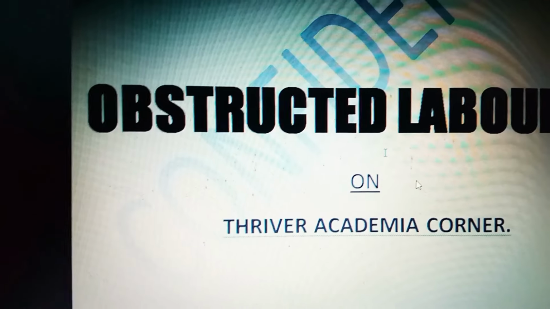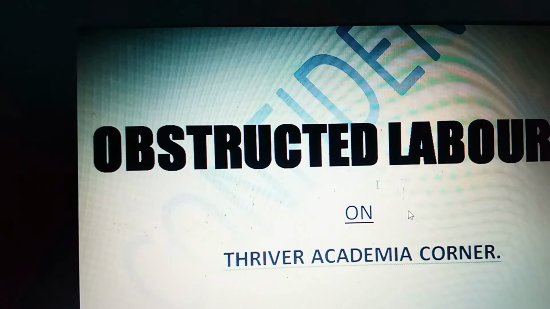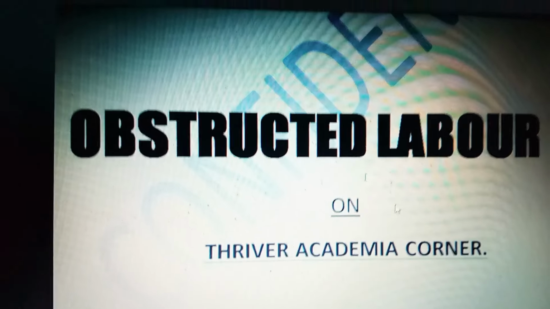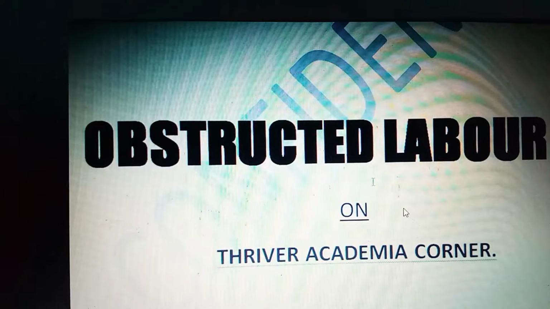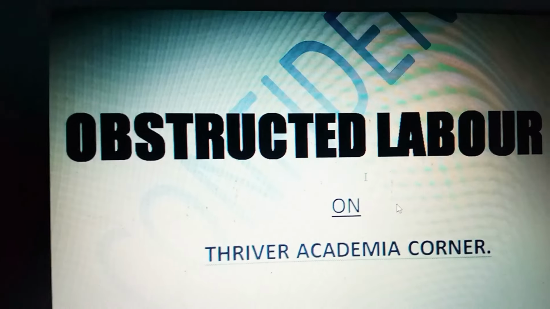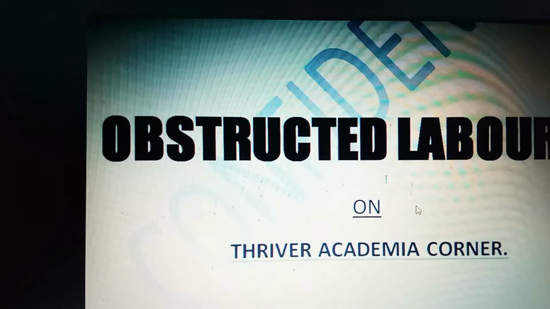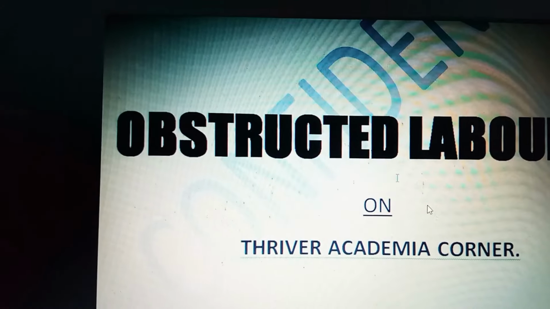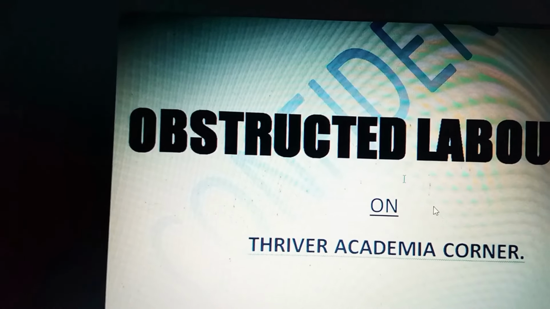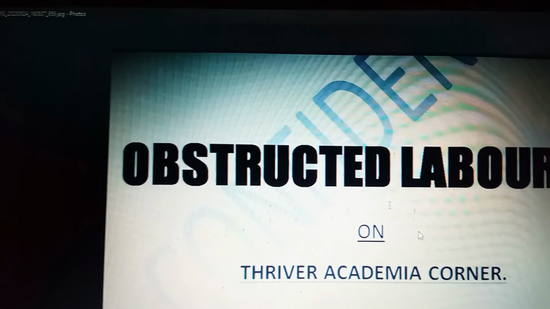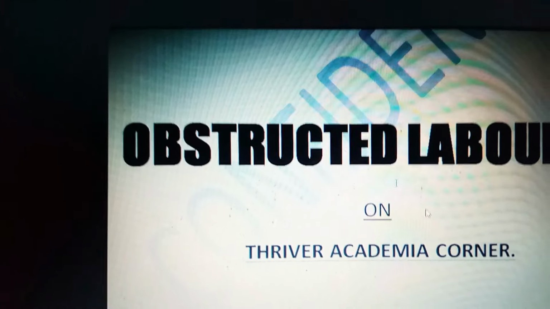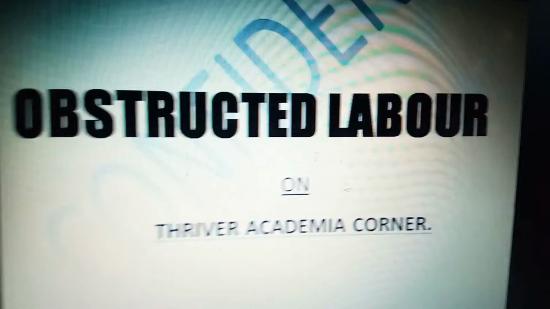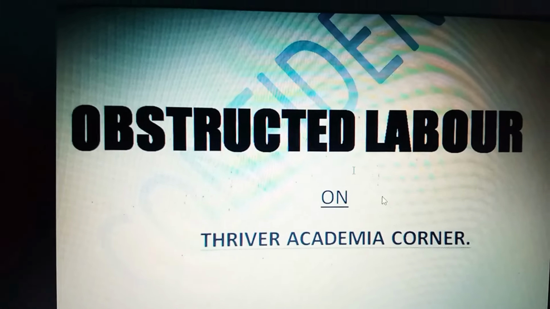Women with pelvic tumors tend to reduce the birth canal such that it leads to the same obstruction as they try to deliver the baby. These pelvic tumors can be uterine fibroids, or even cervical or vaginal abnormalities. They tend to reduce the normal birth canal.